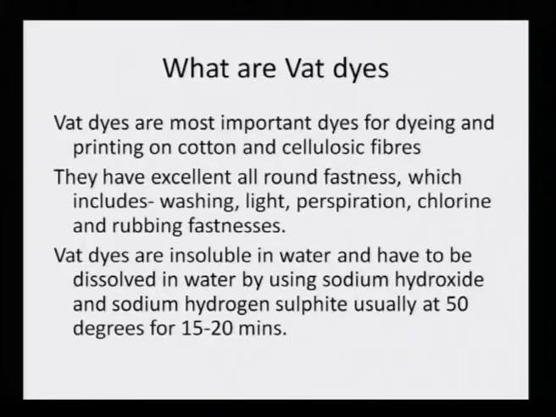Vat dyes are the most important dyes for dyeing and printing on cotton and cellulosic fiber. As I told you when we were talking about natural dyes, the toughest of the tough is the dyeing of cotton. Silk and wool, being proteinaceous in nature, can take up natural dye very easily.